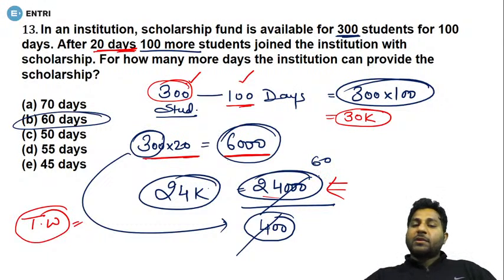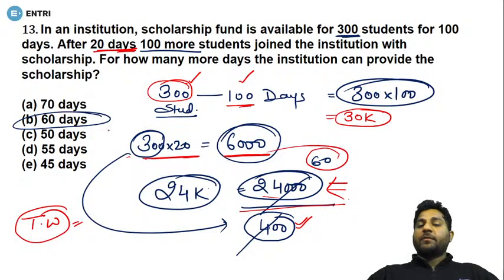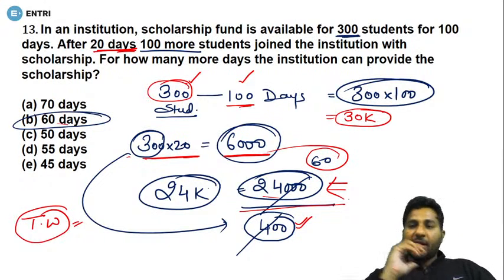And for 24,000, we have 400 students, because after 20 days, 100 more aspirants have joined. So we divide by the total number of students to get the total number of days, and the total number of days will be 60. Did you get it, Manu? Have you got the solution?